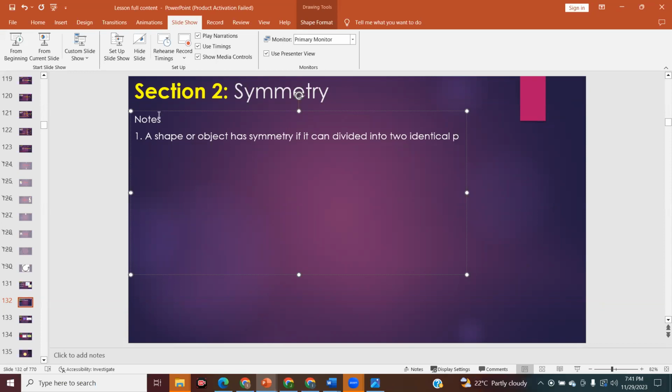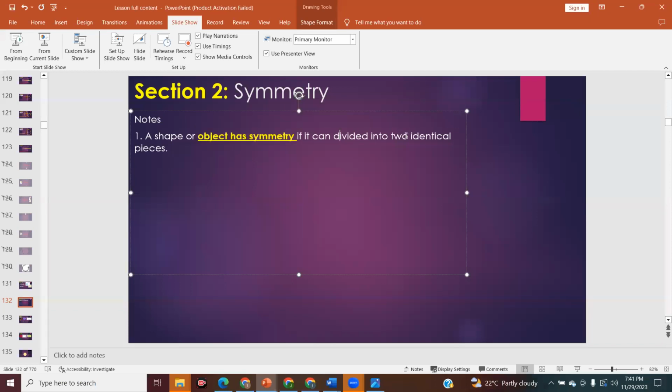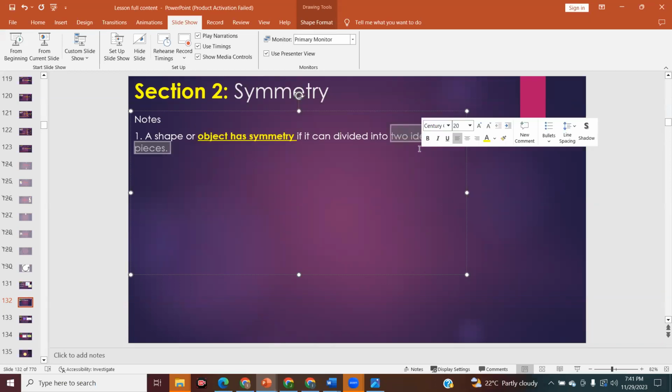Now, when we say identical, what do we mean by identical? Y'all have to answer me now. Lookalikes. Identical means that they look alike. They look the same. Very good.